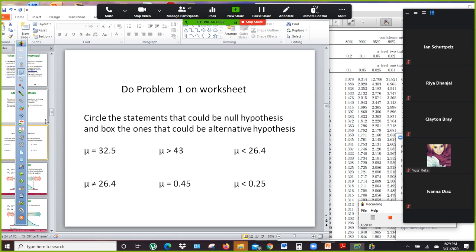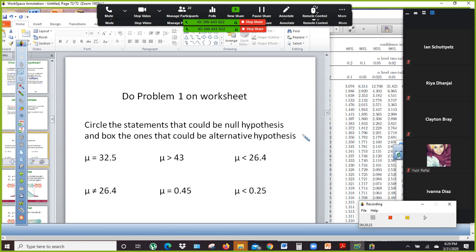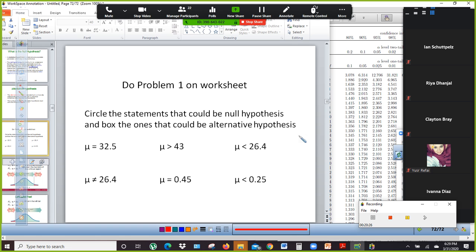Here, I want you to circle the ones that could be null hypotheses and box the ones that could be alternative hypotheses. Take a minute and do that. I'll randomly call on people to give me the answers, so be prepared. I'll put the chat open also, so you can answer via chat if you prefer. Again, look at your notes. The null hypothesis is always, always, always equal.